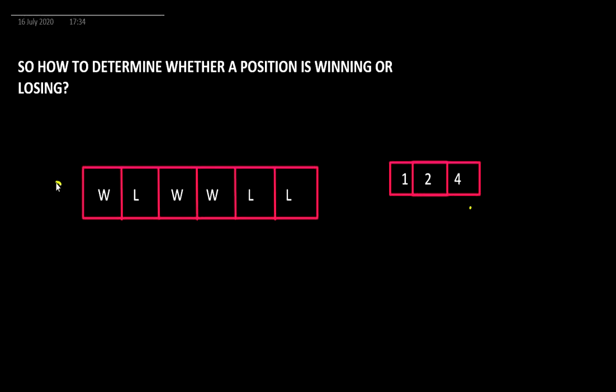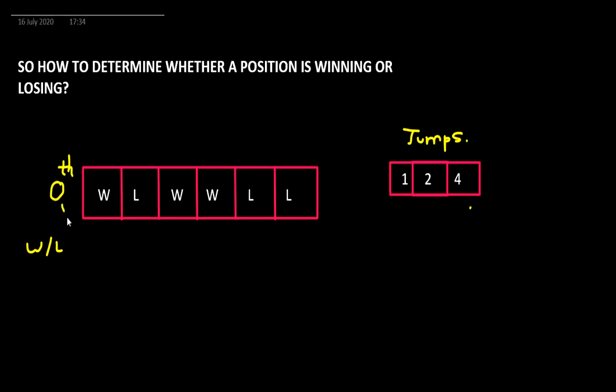So let's say we start at the 0th index, and for all other indexes we have arbitrarily placed whether it's a W or an L. There's no clear logic behind how I've placed it. I'll just show you how we'll calculate the winning or losing state of the 0th index through these indices. These are the possible jumps that we can make from the 0th position. Let's say I first choose 1 jump.